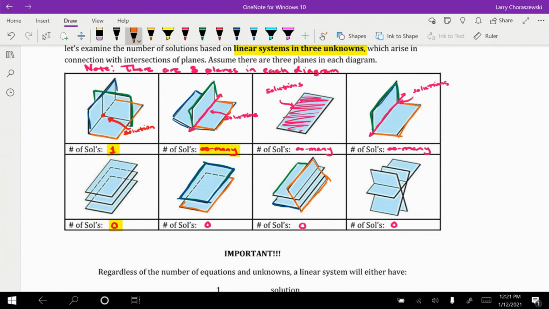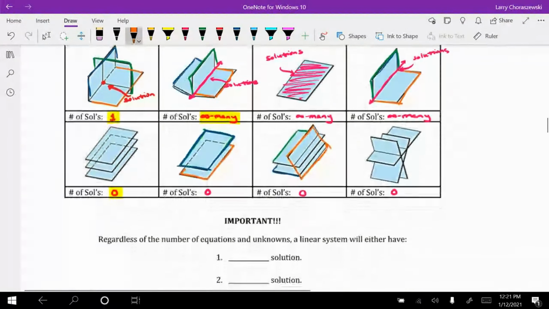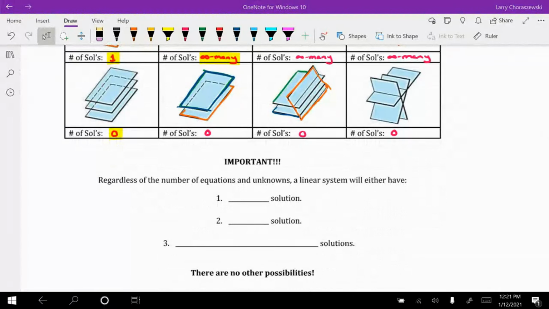So because there's no possibility for a point to be on all three planes at the same time, there's going to be no solutions to a system like this. A solution has to satisfy all three equations at the same time, and you might have a solution satisfying two equations, but it wouldn't satisfy the third. So this is where we'll end things for today.